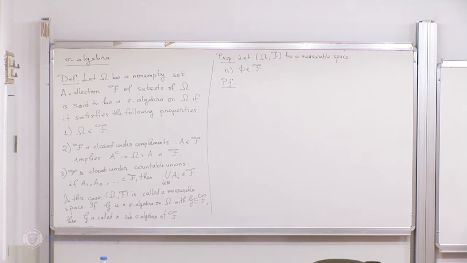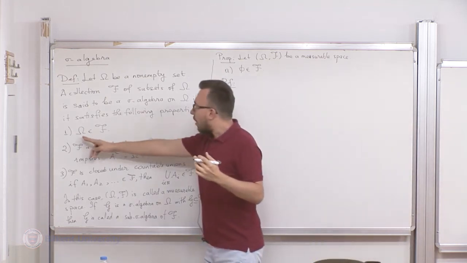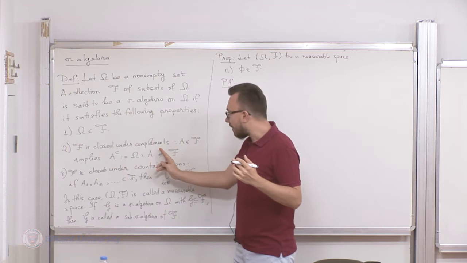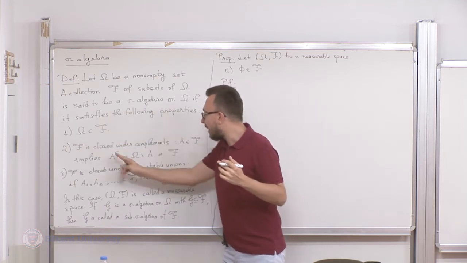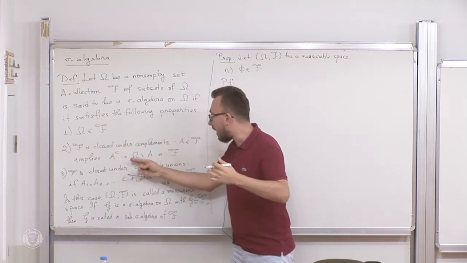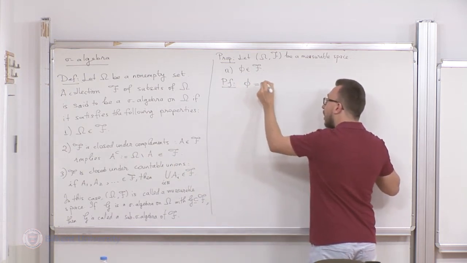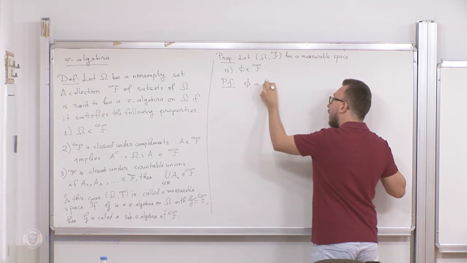Well, as I just said, we can just use 1 and 2, right? We know that omega is in F, and we know that it's closed under complements. So if I have omega, I should also have the complement of omega, which is the empty set. So the empty set is the complement of omega, right?